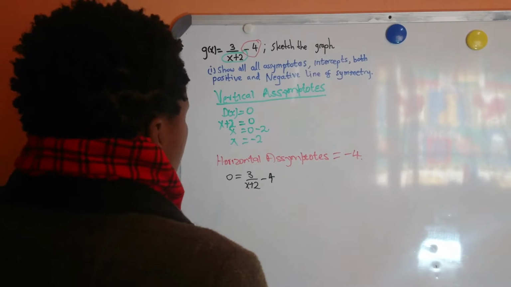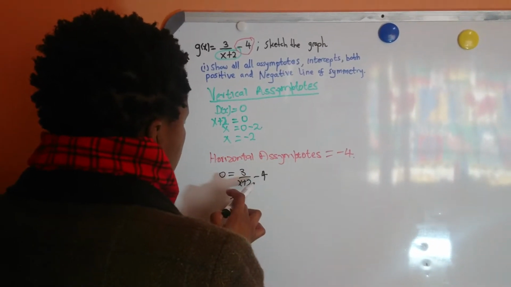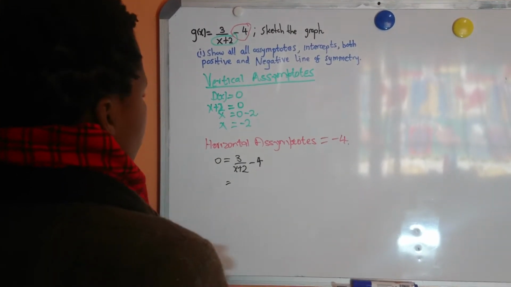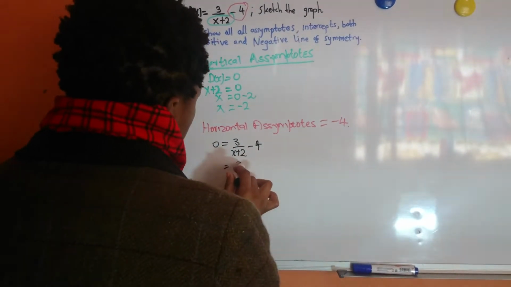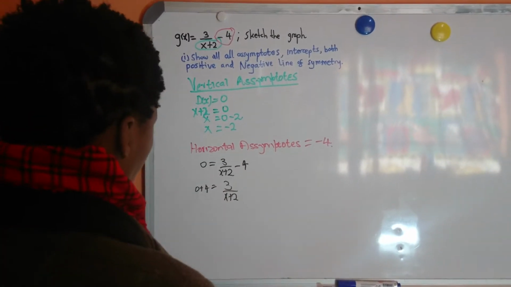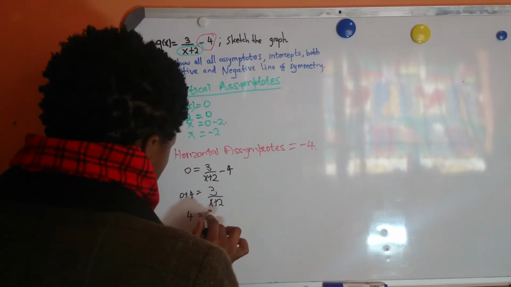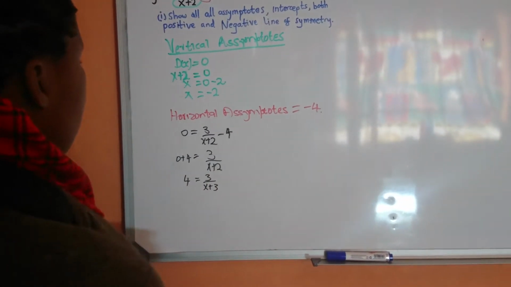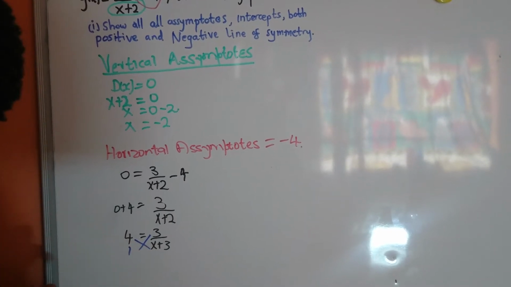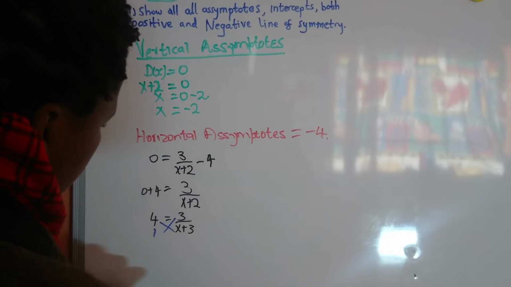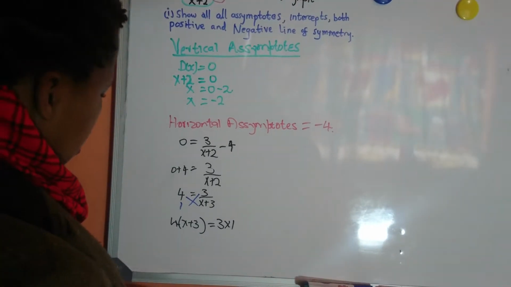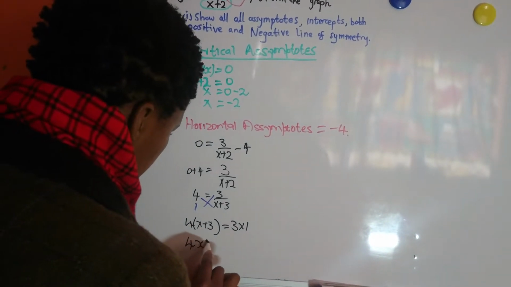Then we take negative 4 to the left because we want the fraction on its own. Then we divide, cross multiplication: 4x plus 12.